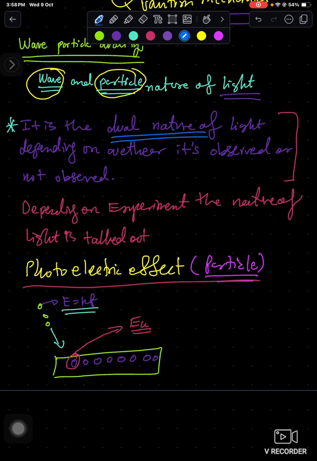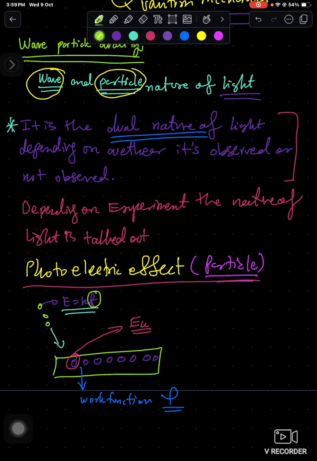The energy with which it's attached to the metal is the work function. It's called work function, also known by this symbol. This symbol is also one given for work function.